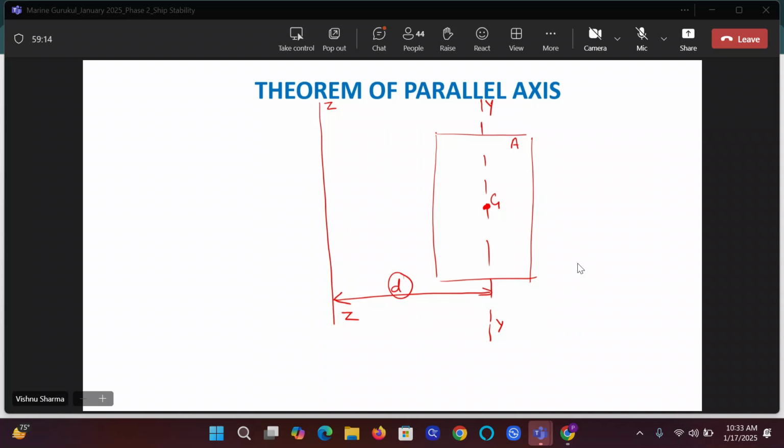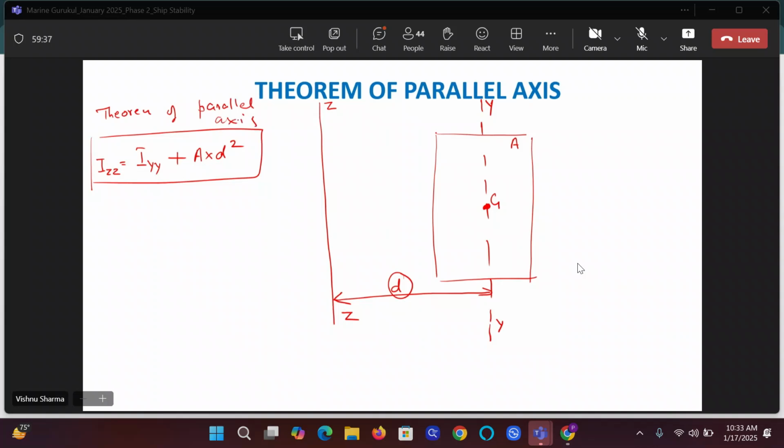Then, as per theorem of parallel axis, IZZ will be equal to IYY plus area into square of perpendicular distance between them. This is the expression for theorem of parallel axis. Now somebody may say, sir, you made a rectangle.